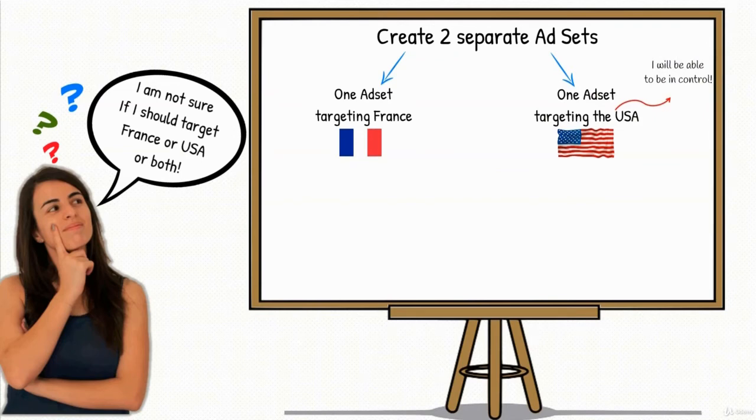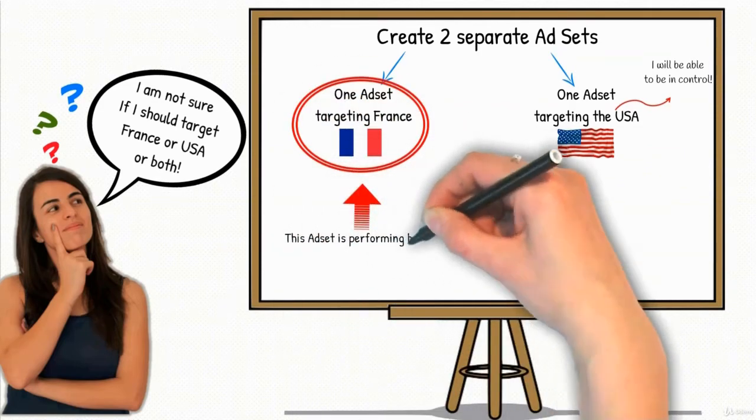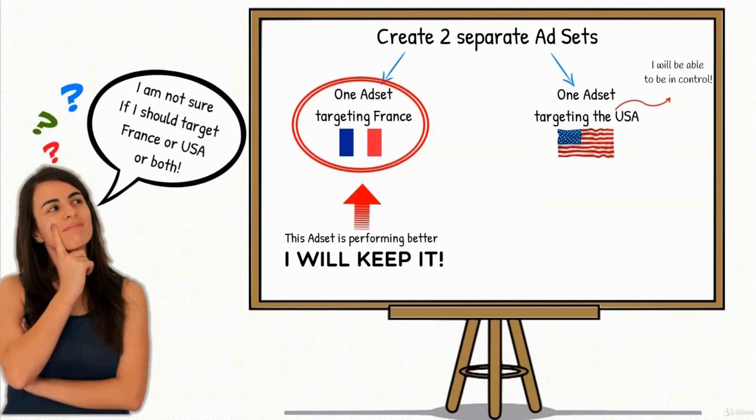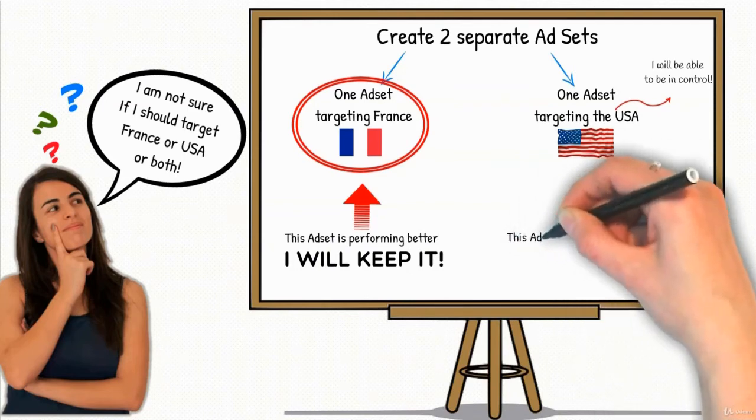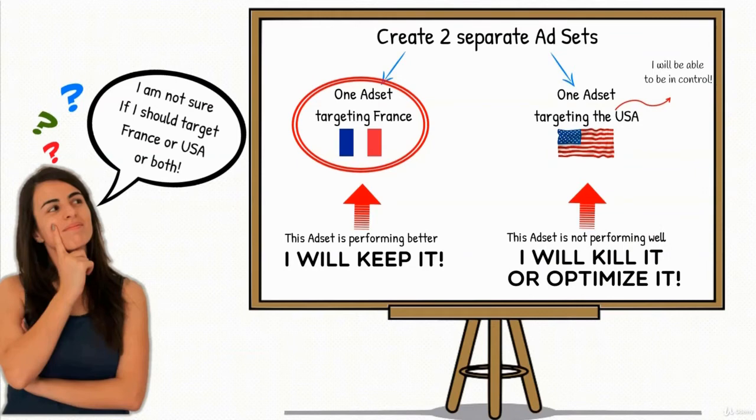How is that? Let me show you. When I start running my ads, if I see that the France ad set is working better, I can keep it running while I shut down the USA one or try to optimize it.